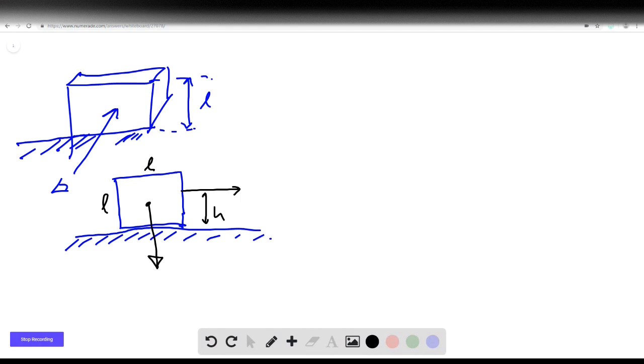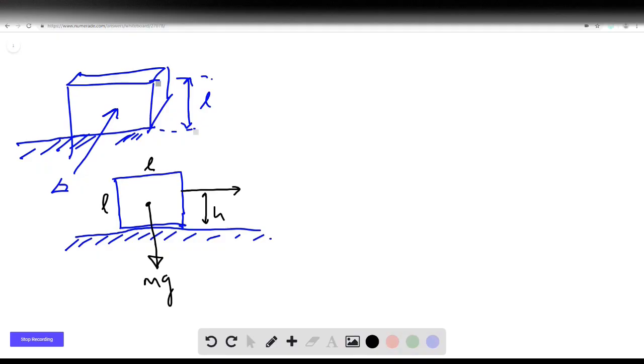The block itself has a weight which we're going to call mg, and it's facing two things. The first one is that it's being pulled by a force F, and there is also a frictional force which we're calling Fr.